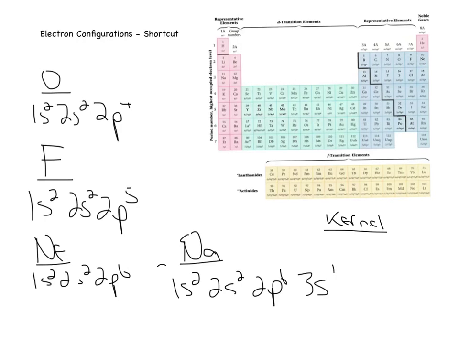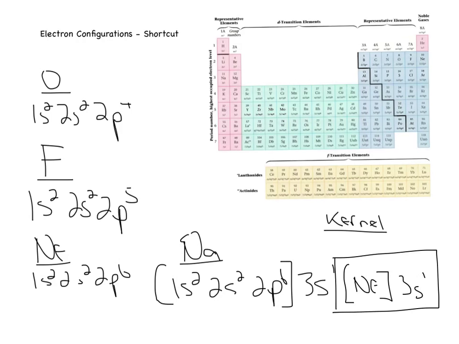We can abbreviate the 1s2, 2s2, 2p6 in sodium and write it like this, which signifies that the first 10 electrons are just like neon, and then there's the 3s1. This would suffice as an electron configuration for sodium. This shortcut is really helpful when we get to some of the larger elements.